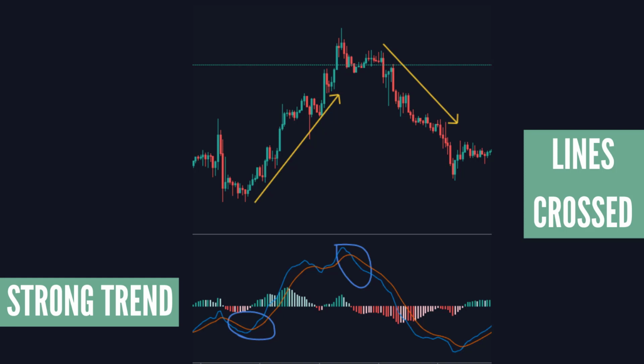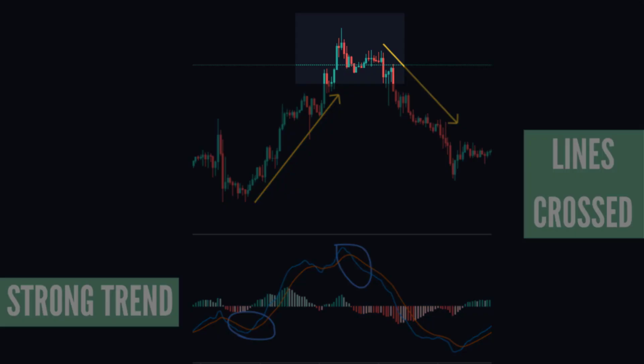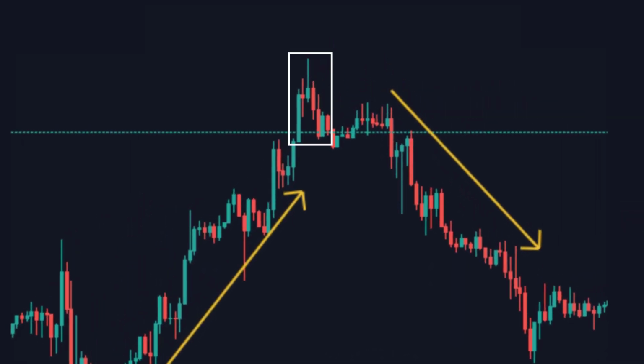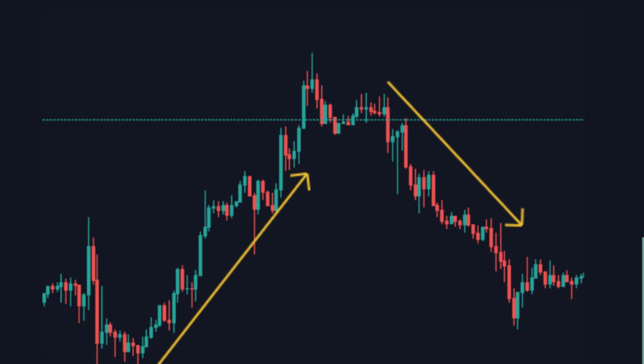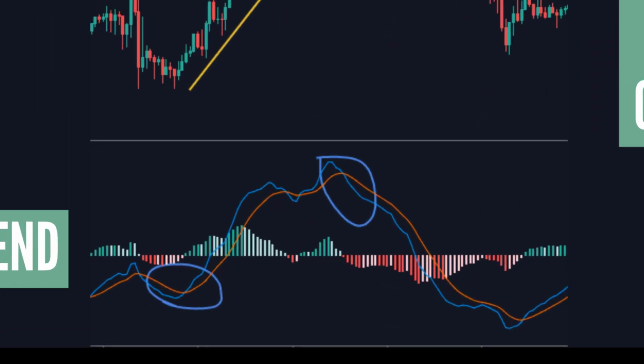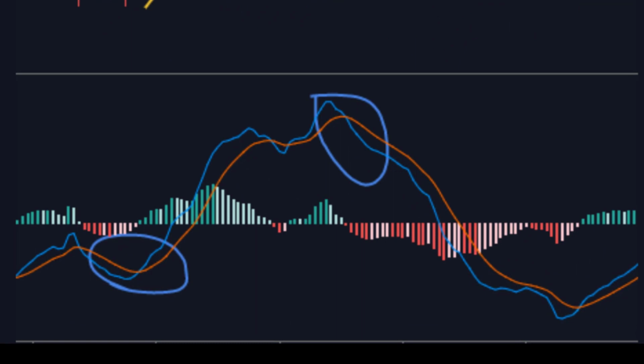So, for example, this setup had many good signals, as you can see, like the shooting star, and after this candle, a bearish engulfing candle appeared, right? So the third signal was our crossover indicating that a new trend has begun.